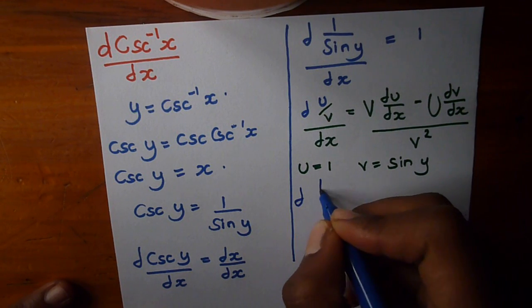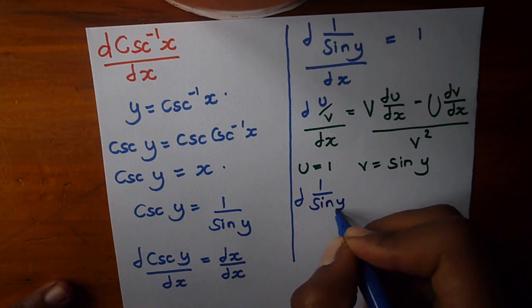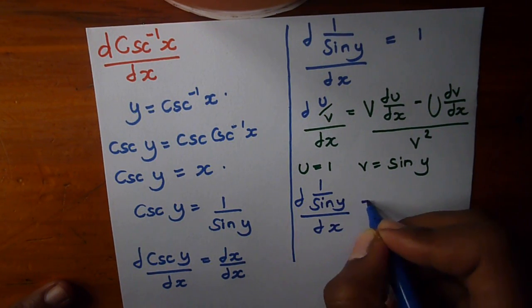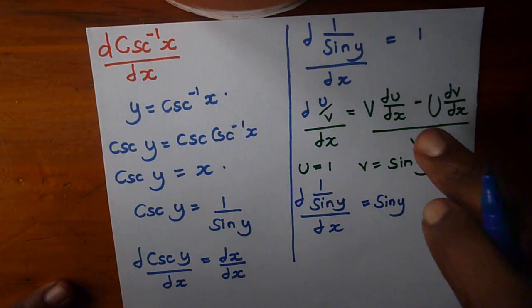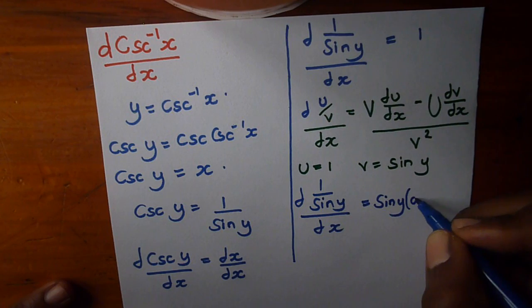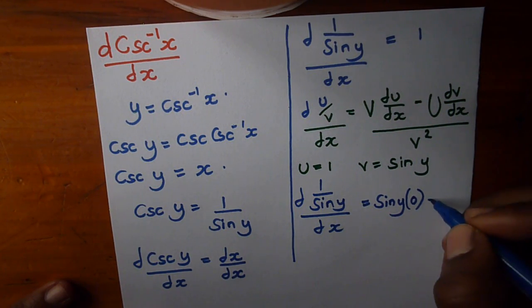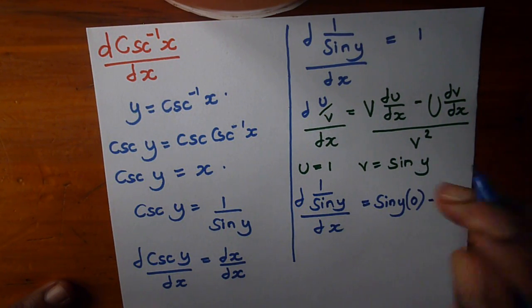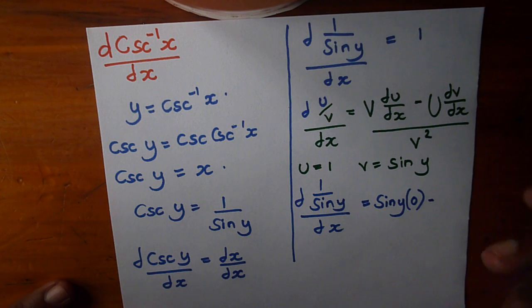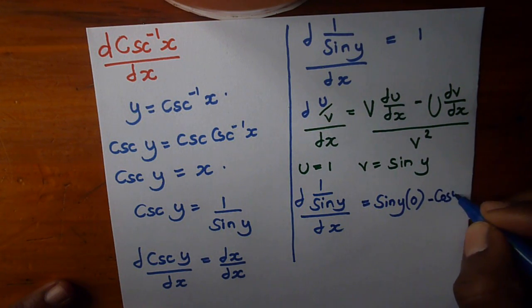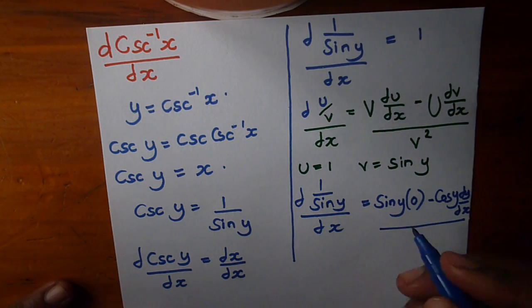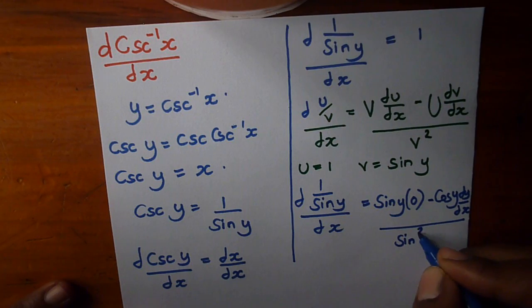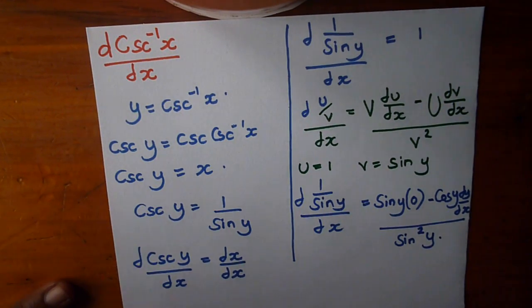So the derivative of 1 over sine y with respect to x equals v, which is sine y, times the derivative of a constant, which is 0, making this whole part 0, minus u, which is 1, times dv. The derivative of sine y is cos y dy over dx. Do not forget the v squared, which is sine squared y.